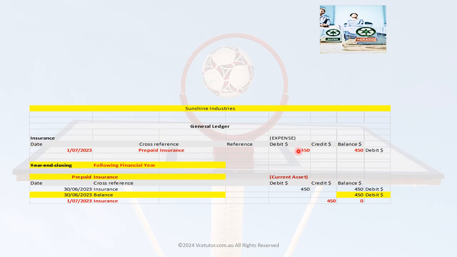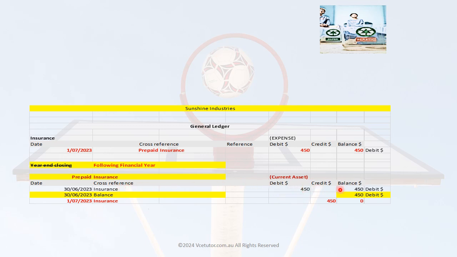Insurance account, expense account will be debited on 1/7/2023 with a prepaid 450, and because this amount will be on the debit, balance will be on the debit, and we say it's a debit balance. This is not to be confused with your year-ending entry I showed earlier. So I put this as following year in the financial year.